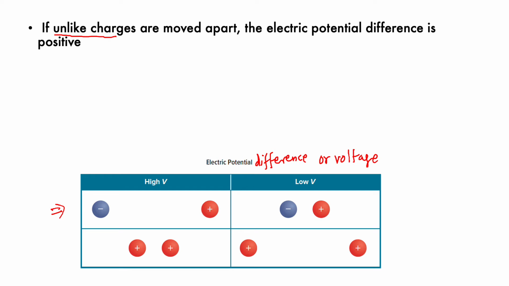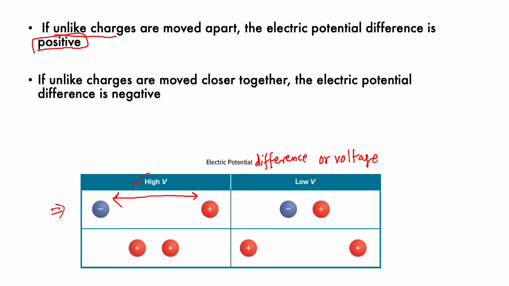If you move them apart, so the distance between them is more, then the electric potential difference is said to be positive, and that's a case of high voltage. High V means high voltage. Voltage is another name for electric potential difference. If you move the unlike charges closer to each other, then that's a case where the electric potential difference is negative, and that's the case of low voltage.